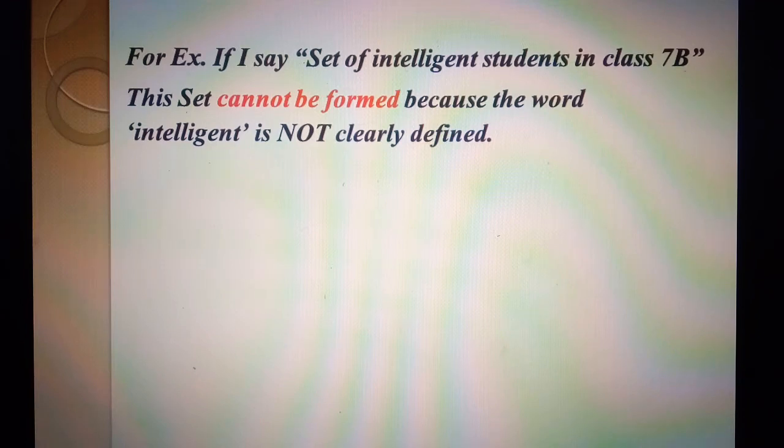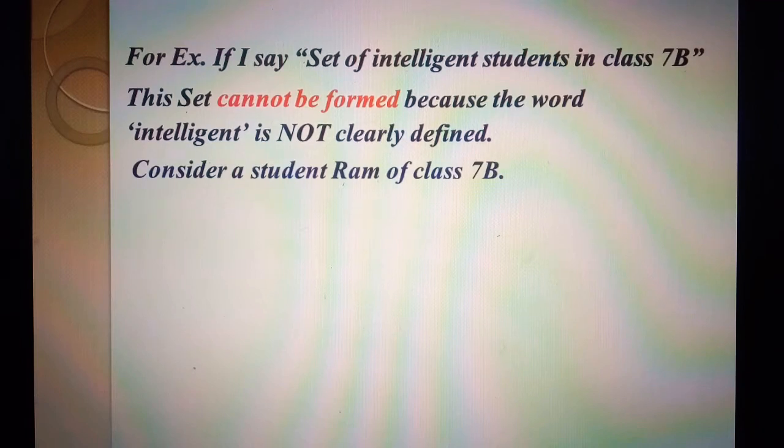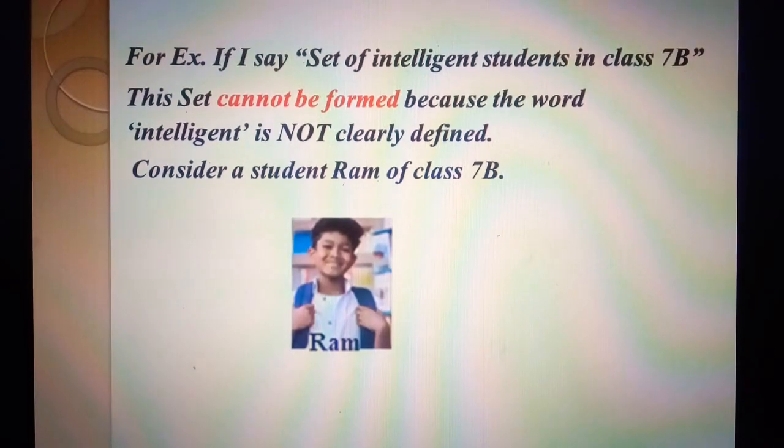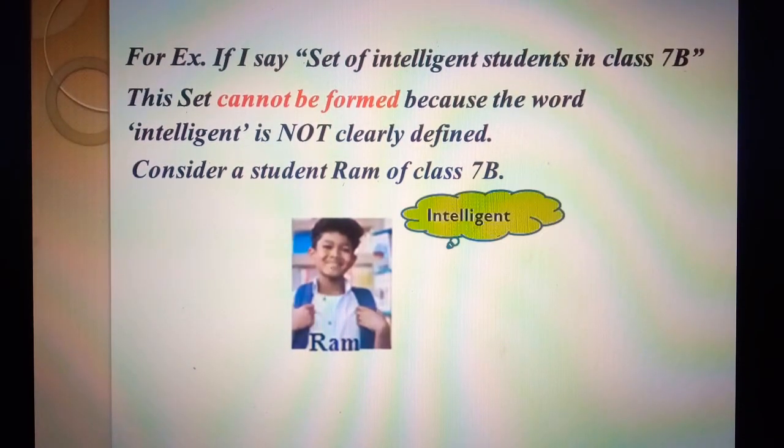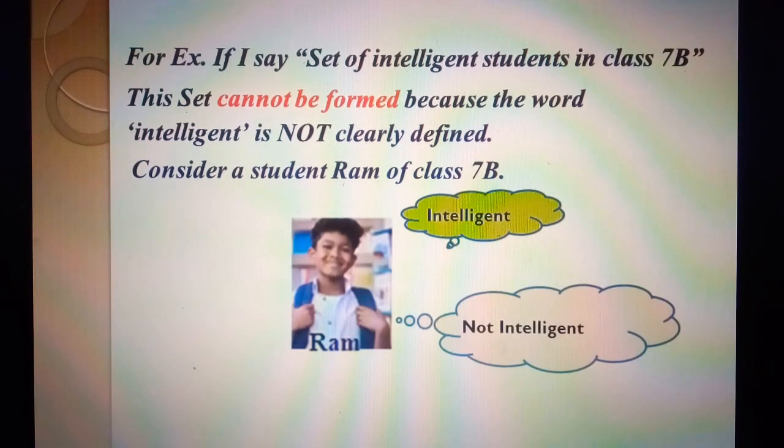To understand this, let us consider a student of class 7B named Ram. Now according to me, Ram could be an intelligent student, but some other teacher may not feel so. And he may feel that Ram is not intelligent. So there is now a bit of confusion whether to include Ram in this set of intelligent students of class 7B or not.